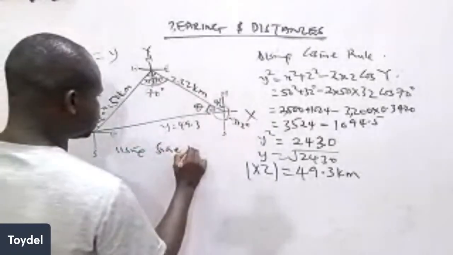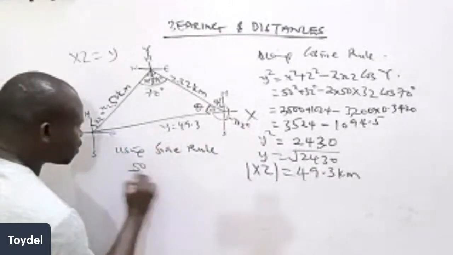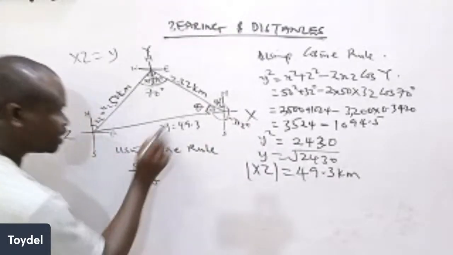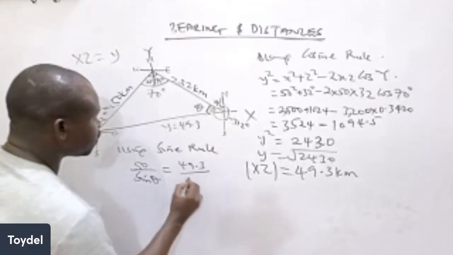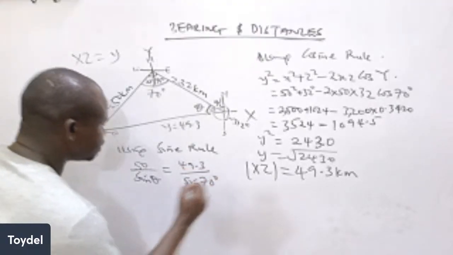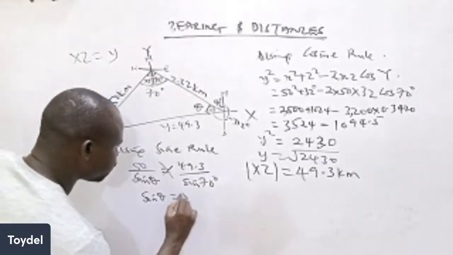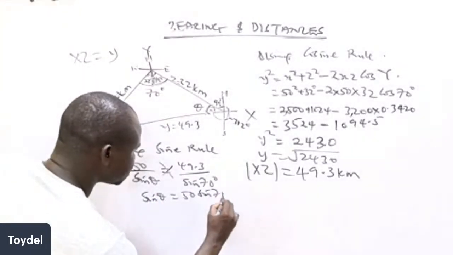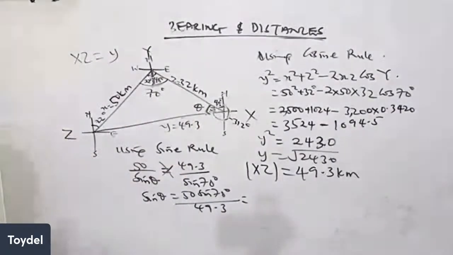Using the sine rule, 50 over sine theta, the angle I'm looking for, will be equal to 49.3 over sine 70 degrees. So if I cross multiply, sine theta will be equal to 50 sine 70 degrees all over 49.3. So what is sine 70 degrees?